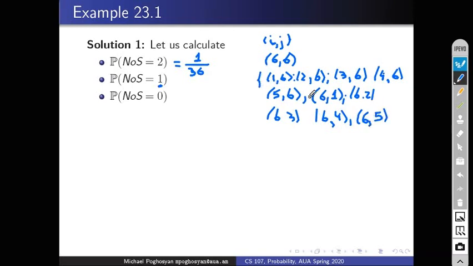All these outcomes are giving favorable ones. So this is our favorable event, and it is easy to calculate that we have exactly 10. 1, 2, 3, 4, 5, 6, 7, 8, 9, 10. 10 favorable cases. So 10 over 36.